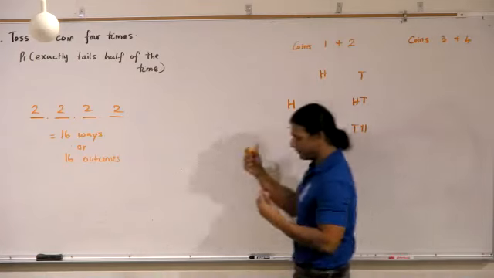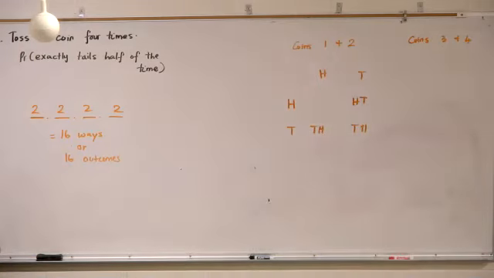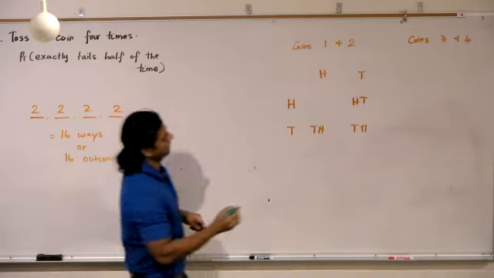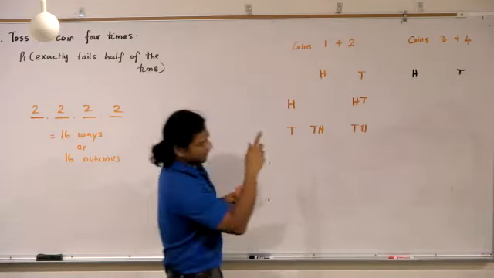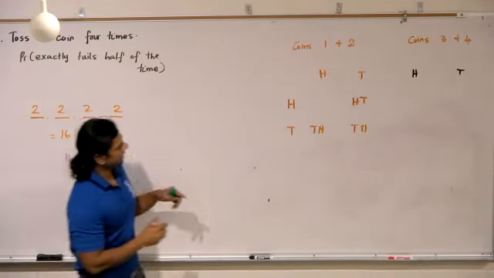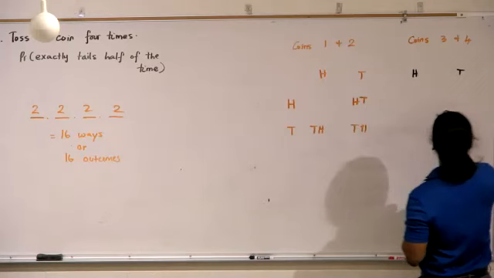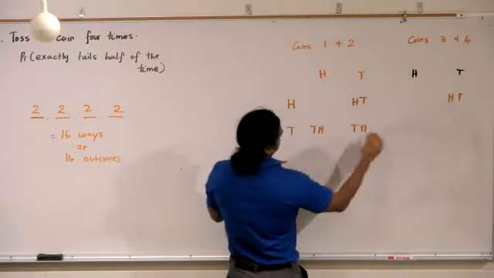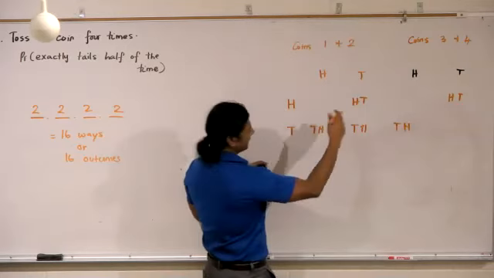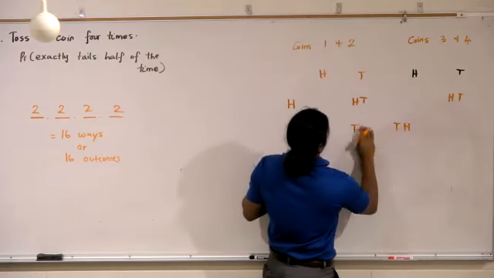If you do coins 3 and 4, you could do the same thing. That would be heads, tails, tails, heads.